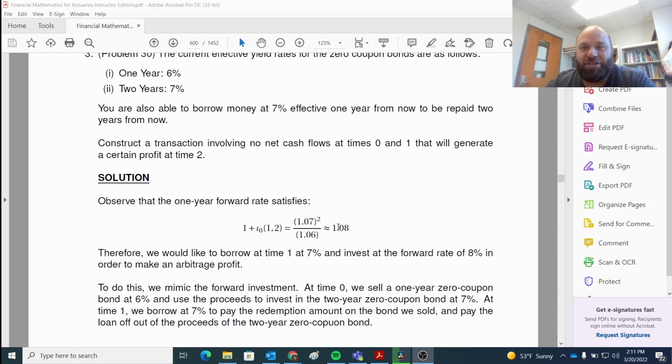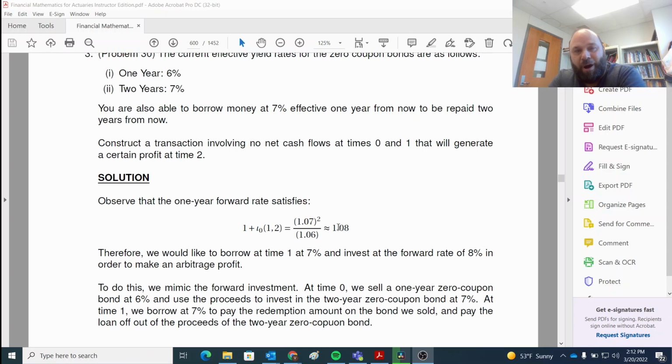Now with this transaction, we are effectively investing at 8%. However, we need whatever it is to redeem the 1-year bond we sold at the end of time 1. And this is where we take advantage of the incorrectly priced forward rate of 7%. At the end of year 1, we borrow enough to redeem that bond at 7%.